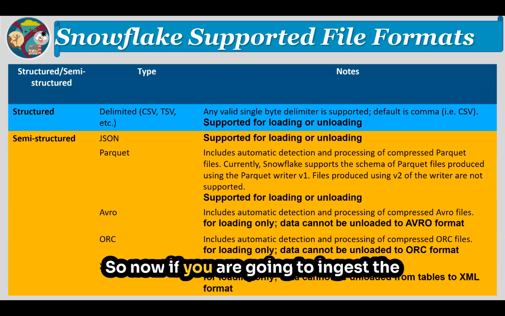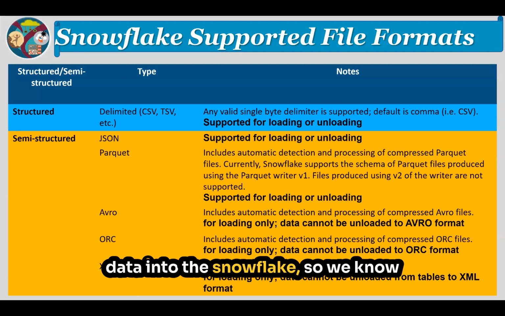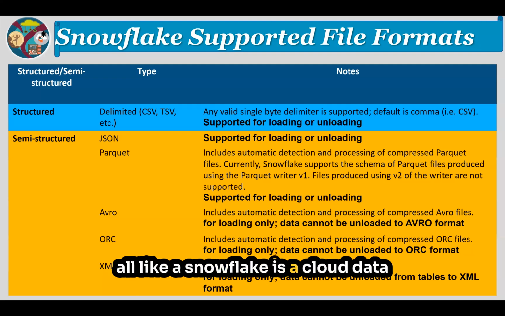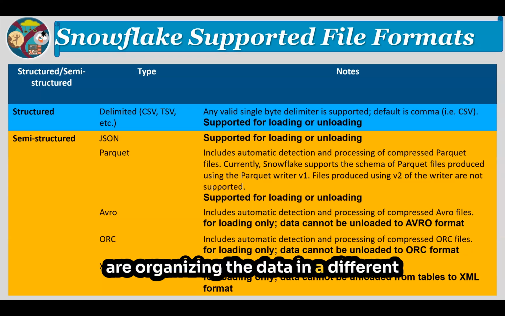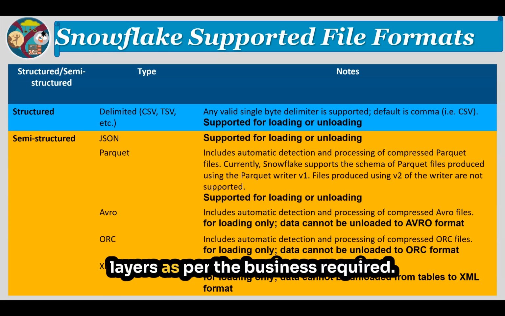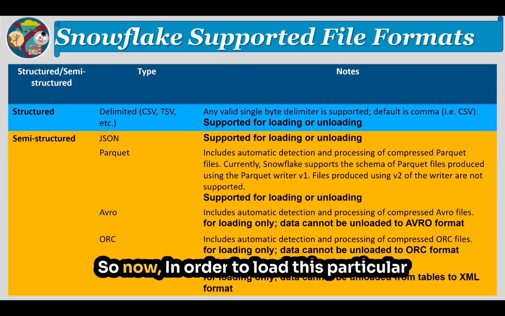We know Snowflake is a cloud data warehouse, and we are bringing the data from multiple sources into the Snowflake data warehouse, and we are organizing the data in different layers as per the business requirement.